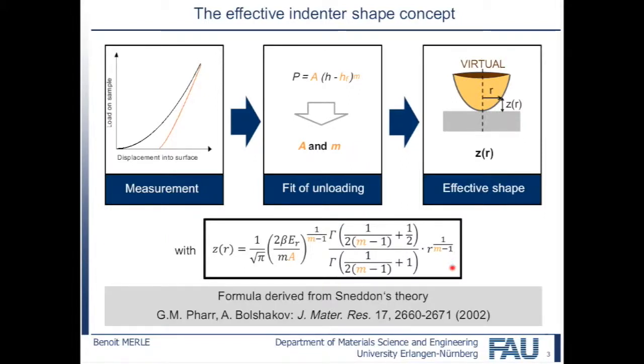That's not the easiest equation I know, and I will show you in the rest of this presentation that there is another, simpler, more natural way to get access to the effective indenter shape.